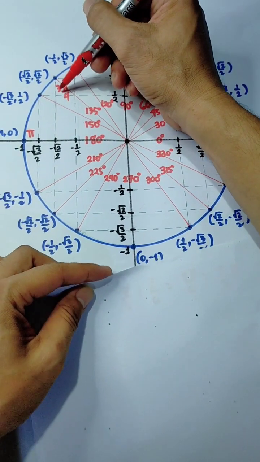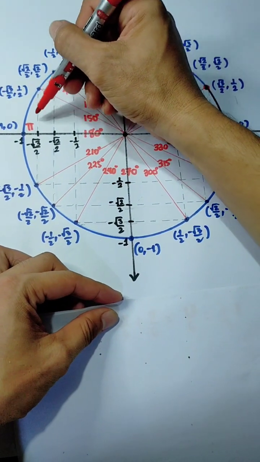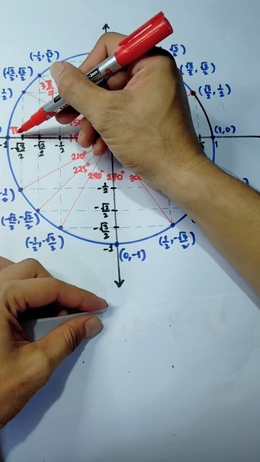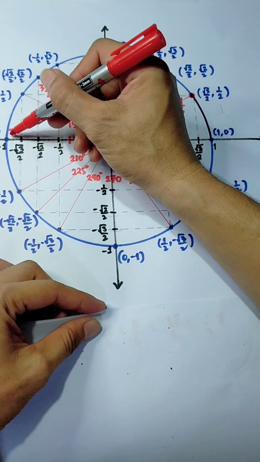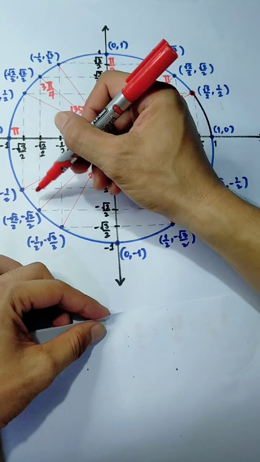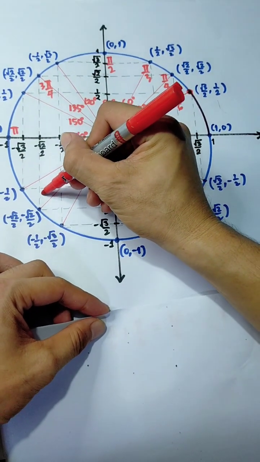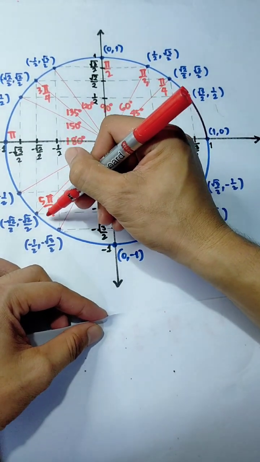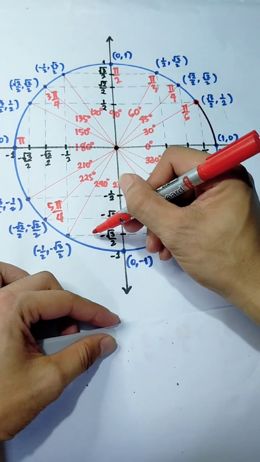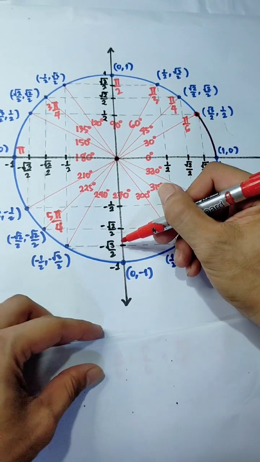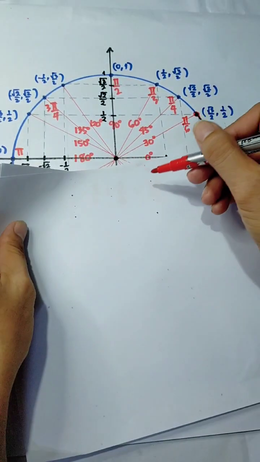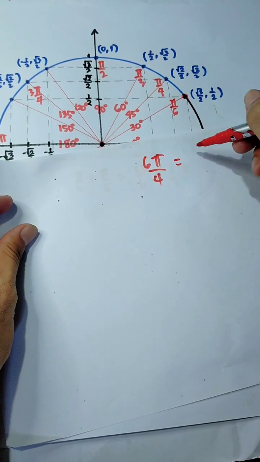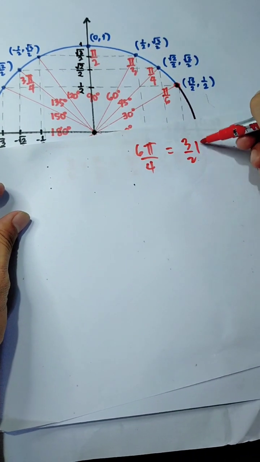Then 3 pi over 4, and let's move here, this time it's 4 of pi over 4, that is 1 pi, and then here 5 of pi over 4. Then move here, we have 6 of pi over 4. What is 6 of pi over 4?